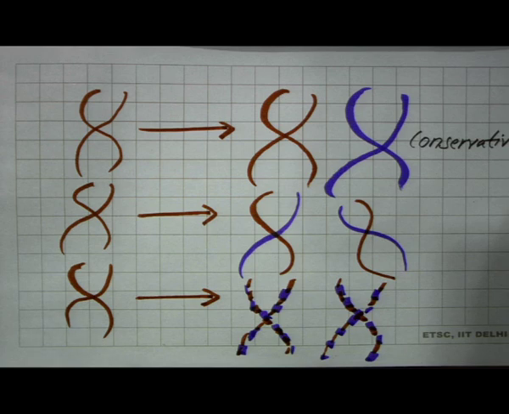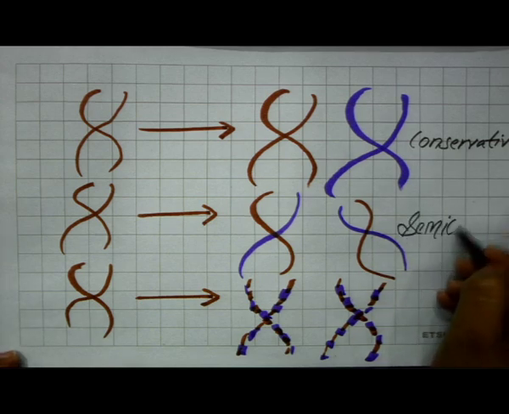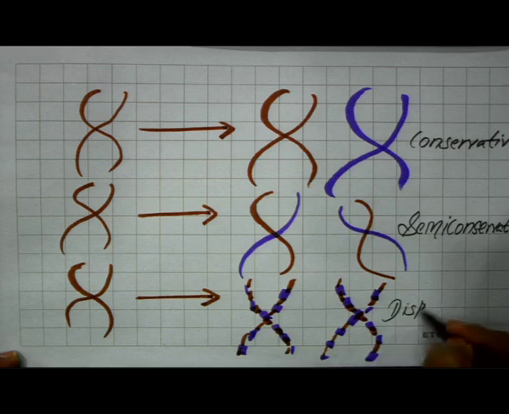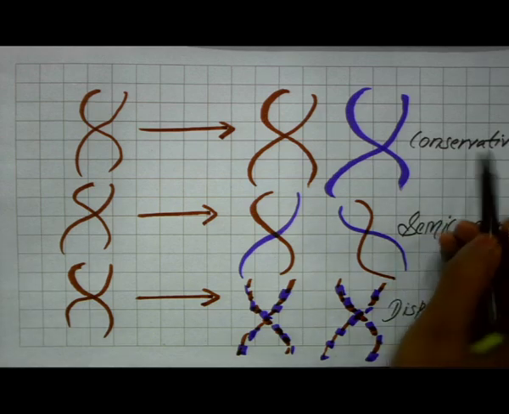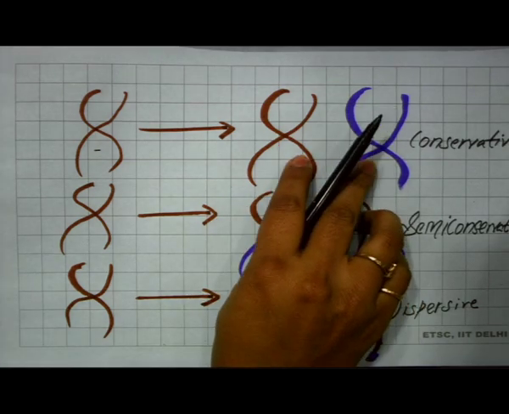So, these are the three different models proposed by the scientists: conservative, semi-conservative and dispersive. In case of conservative, the parental DNA will be copied as such to make two daughter DNA.